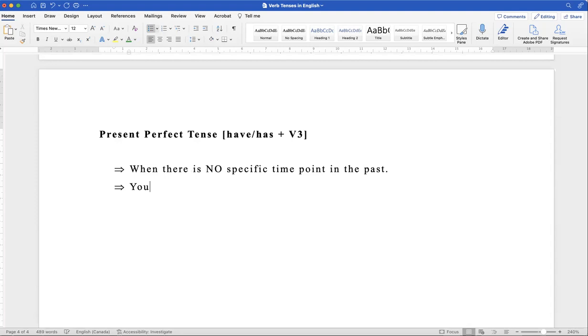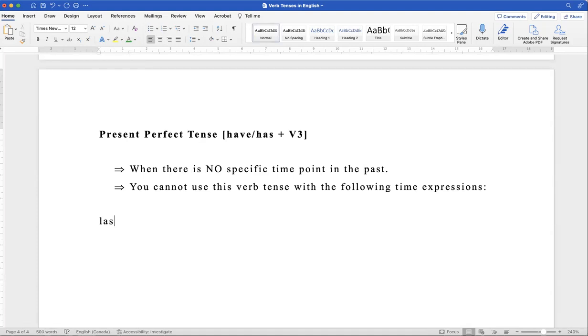In other words, you cannot use this verb tense with the following time expressions.